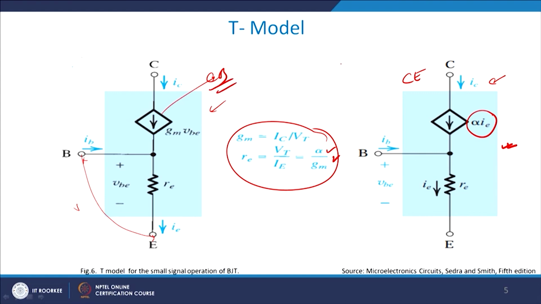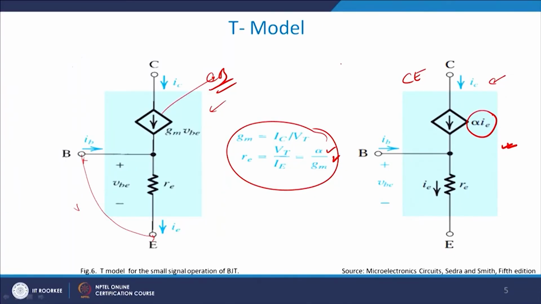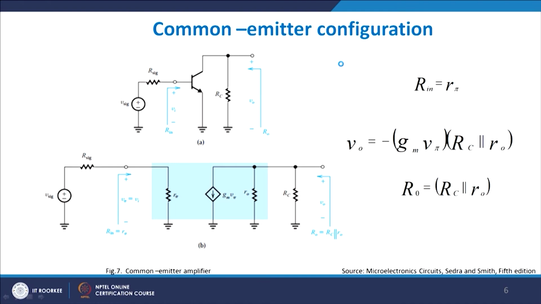So I recommend that for both the hybrid pi model as well as the T model, for all three configurations, CB, CE and CC, which means common base, common emitter and common collector, please try to find out the value and the model itself from any standard books available in the market, right. We will finish with this.